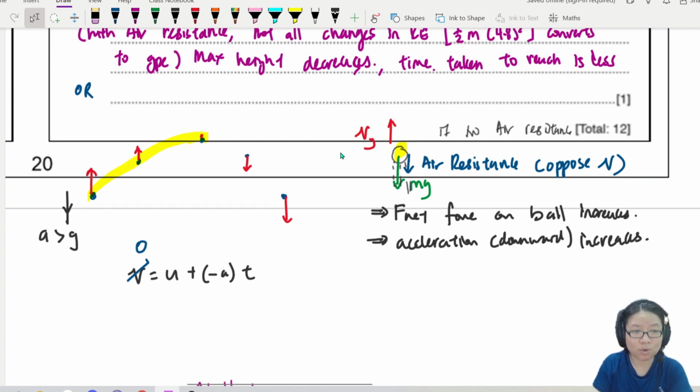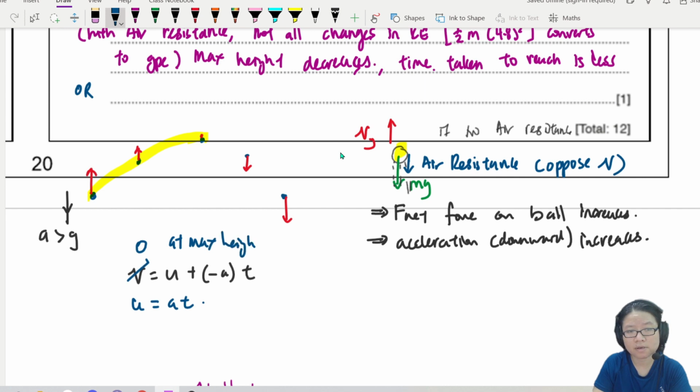Then I can write u is equal to at, because at max height, once again, v is 0. So u is equal to at. When u is equal to at, if a increases, t decreases.